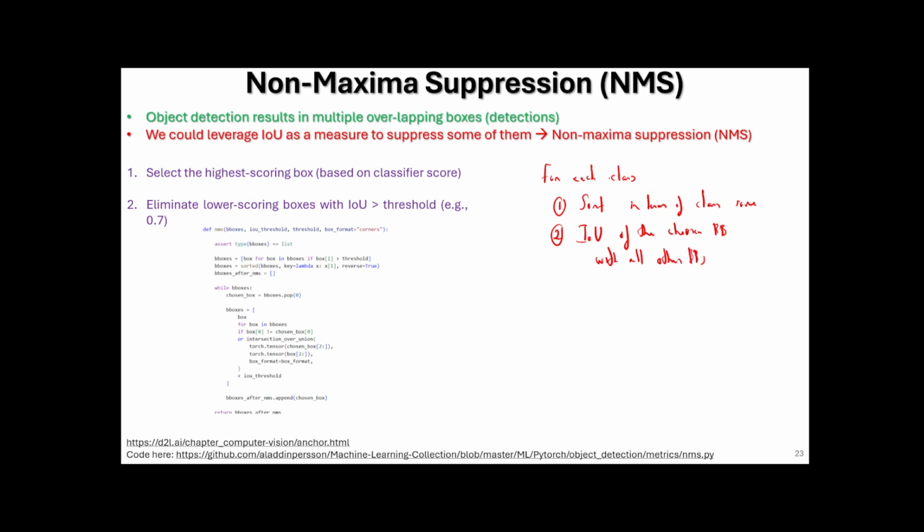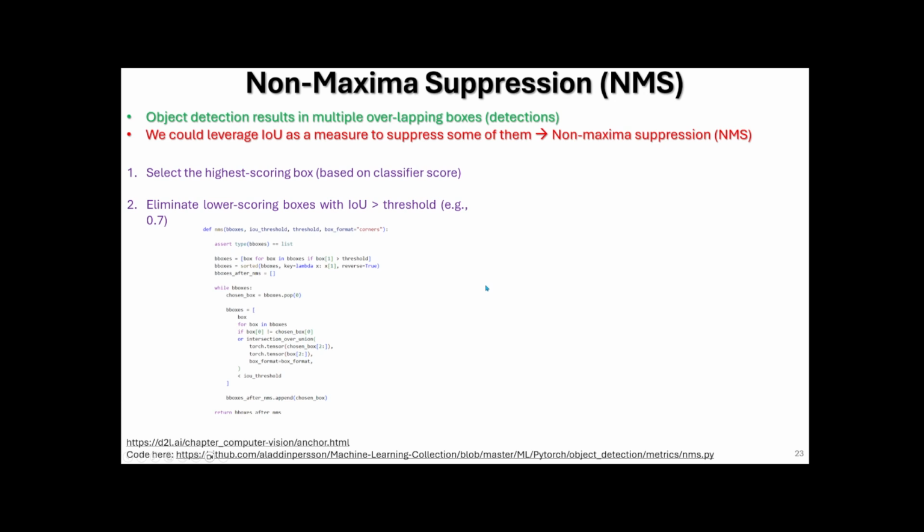That's important, that's why I put the class here. And then if IOU is less than a threshold, you keep them because that's not overlapping. All others you remove. You repeat this for each of the classes. So that's exactly what you are going to do, and it's a very simple, very useful algorithm.